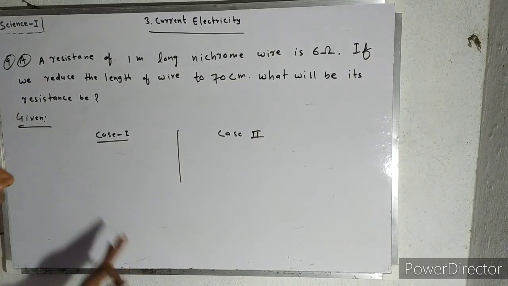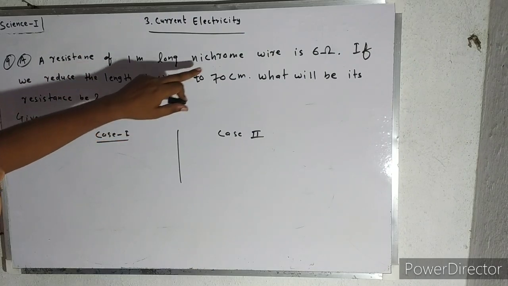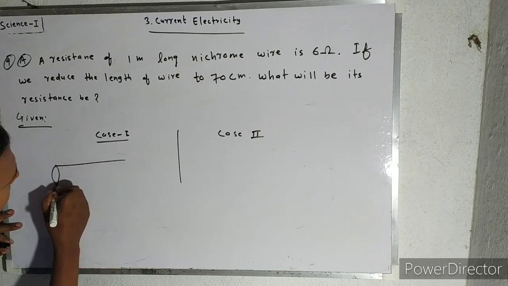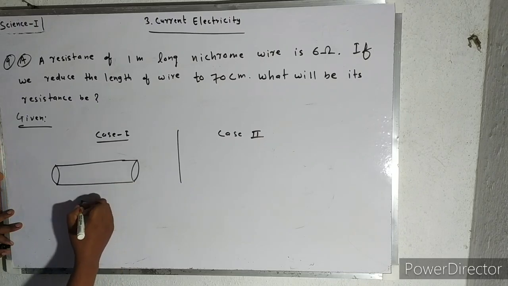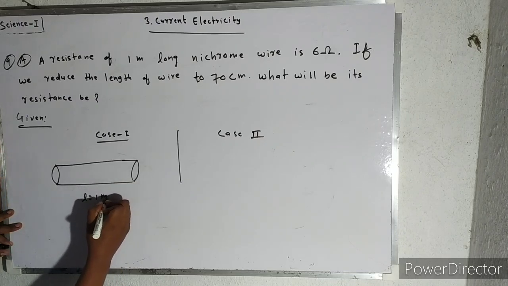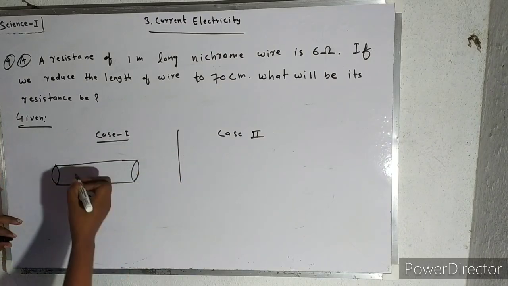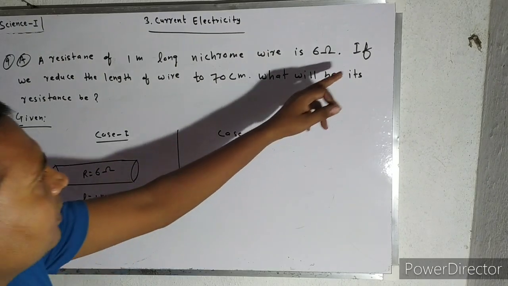Given: I have written 2 cases, case 1 and case 2. In case 1, the length of the wire is L equal to 1 meter and resistance R is equal to 6 ohm.